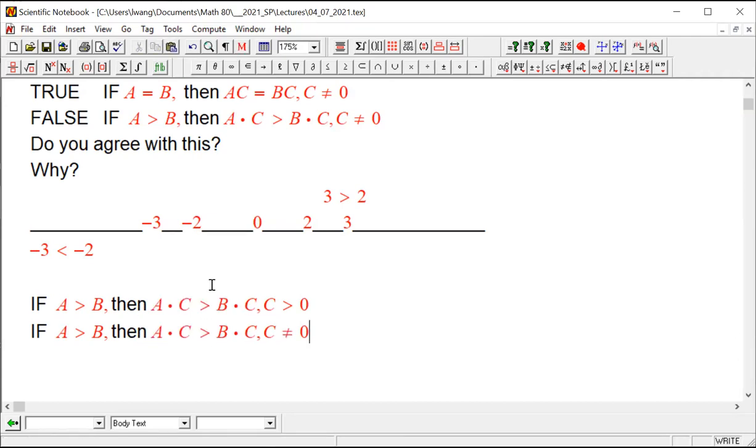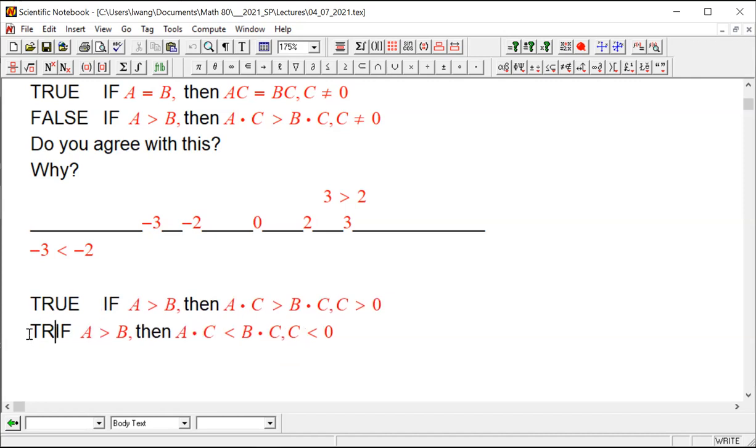What if C is negative? Then this has to be switched. That will be true. Did you write it down? Do you guys follow me? Is this clear?